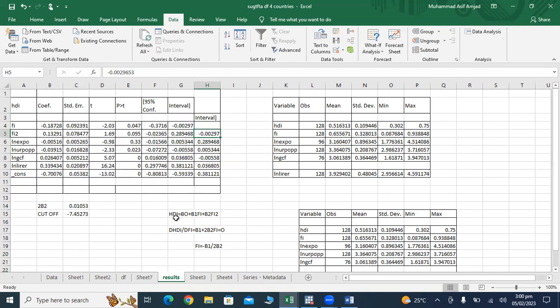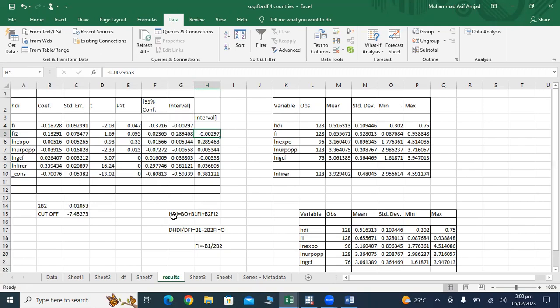Here, HDI is my model: HDI equals beta 0 plus beta 1 FI plus beta 2 FI square. We want to find the cutoff value of the U-shaped curve. Cutoff value means threshold value, the minimum value of the U-shaped curve. HDI is my dependent variable.